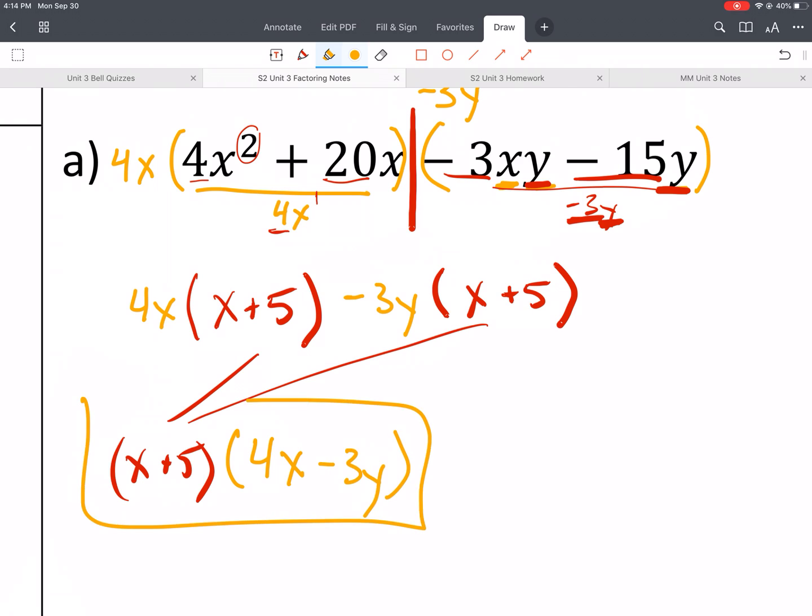And that would be our answer. As long as you understand that we're just factoring out that x plus 5, whatever's left will go in another parenthesis.